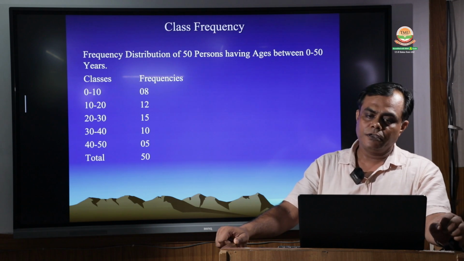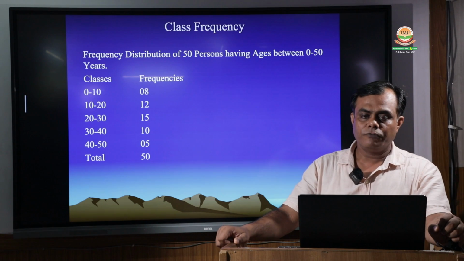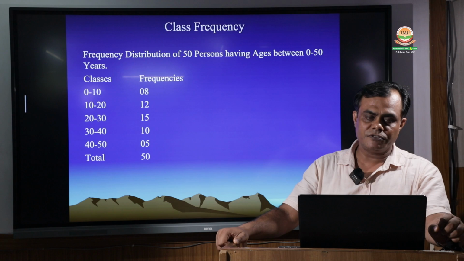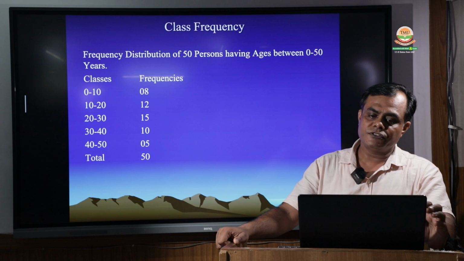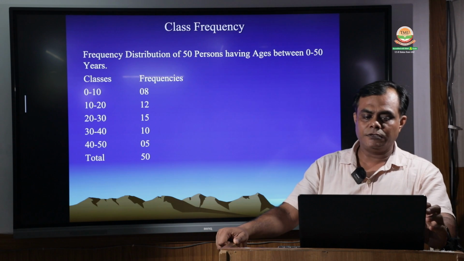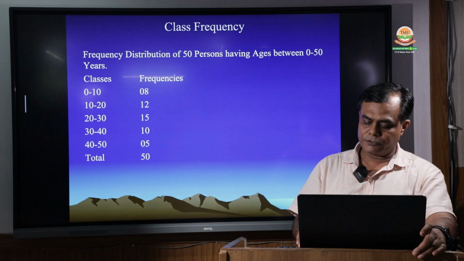From 0 to 10 the frequency is 8, from 10 to 20 it is 12, from 20 to 30 it is 15, from 30 to 40 it is 10, and from 40 to 50 it is 5. So the total size of the data is 50, and different classes have different frequencies, as given in this slide.